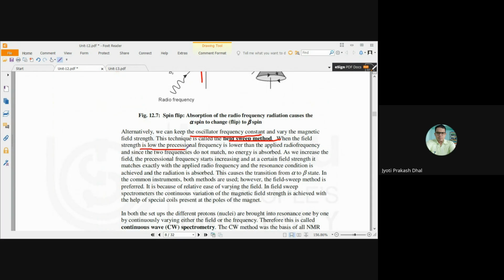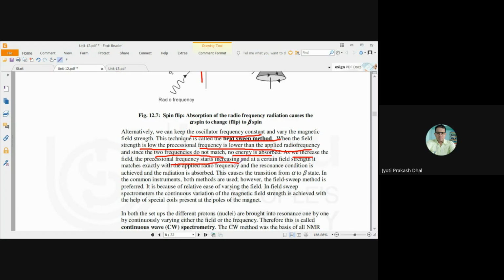When the field strength is low, the precessional frequency is lower than the applied radio frequency, and since the two frequencies do not match, no energy is absorbed. As we increase the field, the precessional frequency starts to increase.